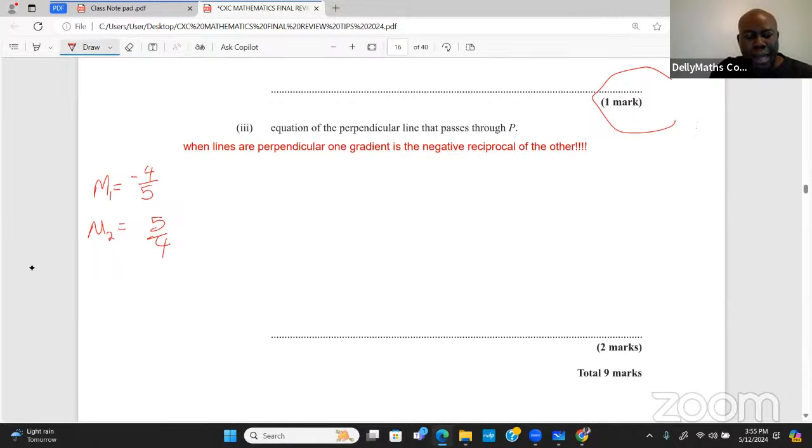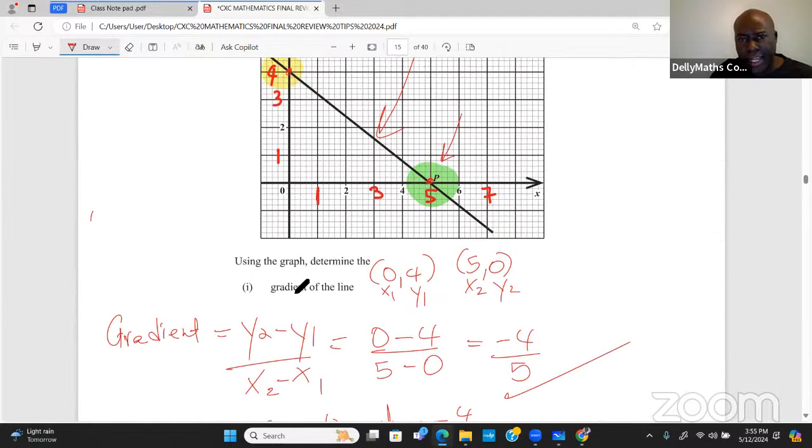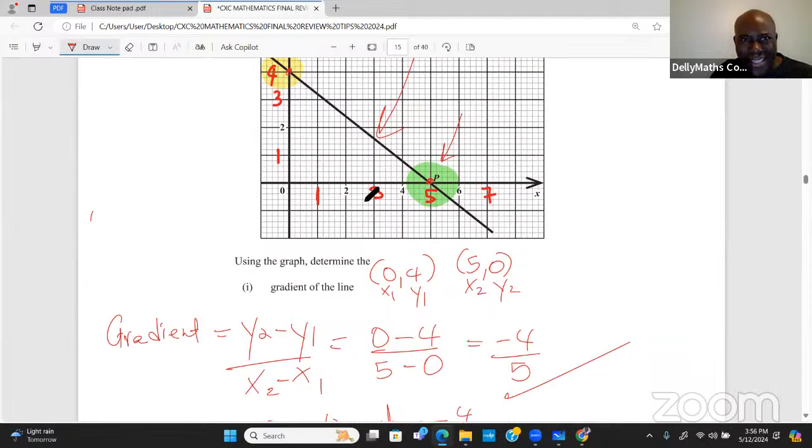So there it is, we got that. Now, we're going to need something very important. It says it passes through P. Now, where is P? We want to take another look at our graph, because all you need when you're doing these problems is a slope and a point. So we have a point that the line passes through.